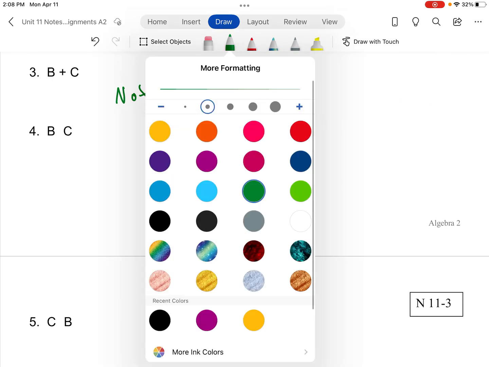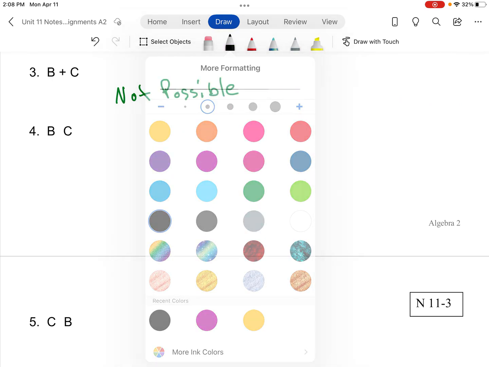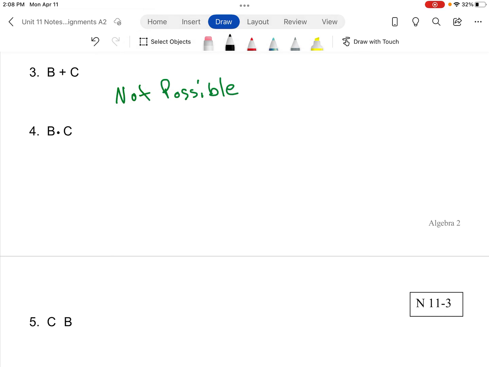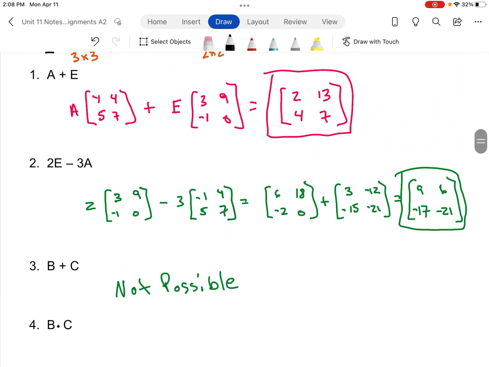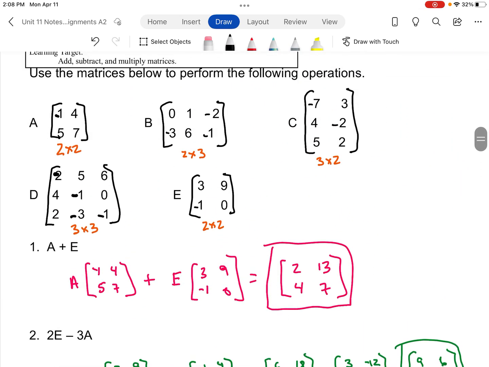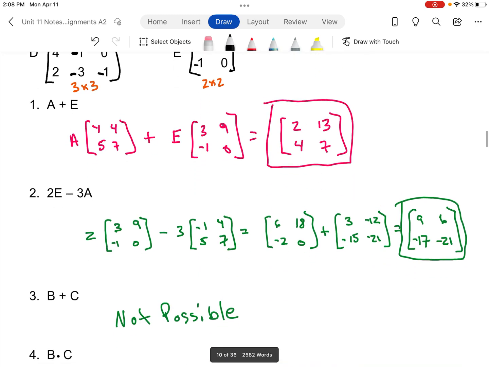All right. Let's look at number 4. Number 4 is B times C. Well, recall when we talked about multiplying matrices, the number of columns in the first one has to equal the number of rows in the second one.